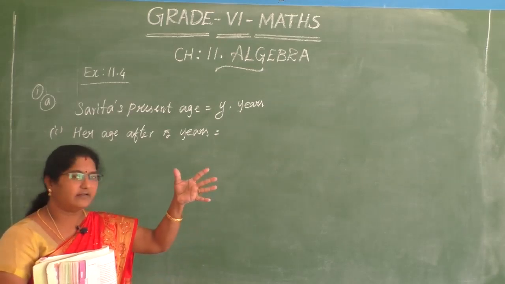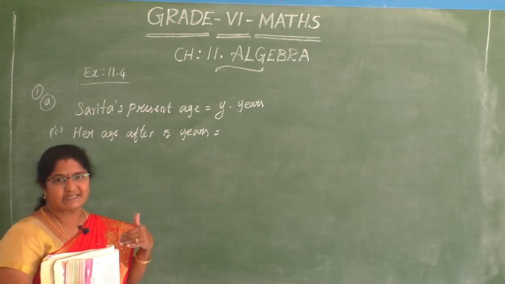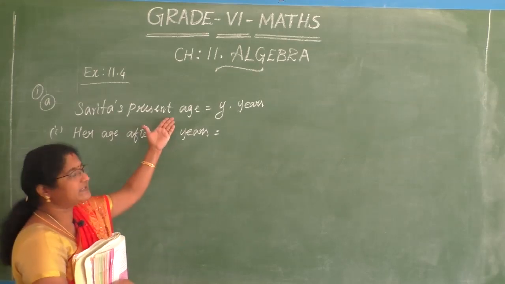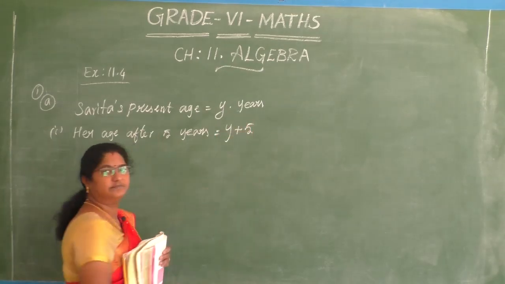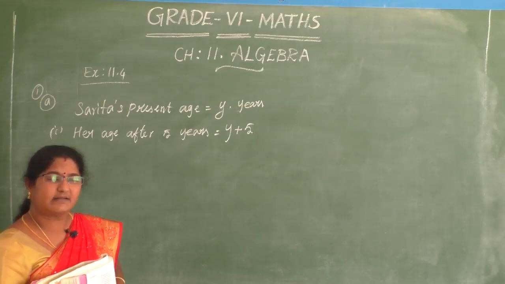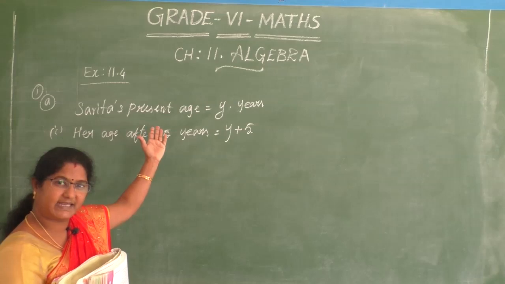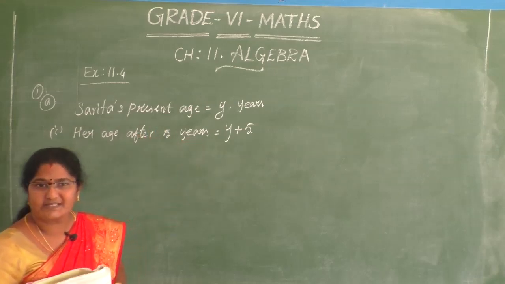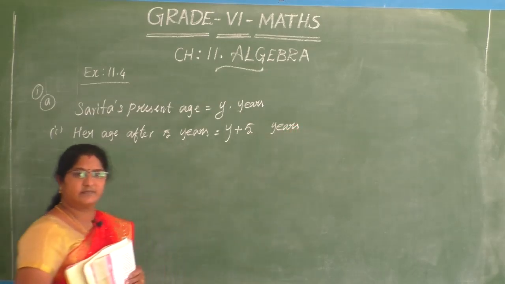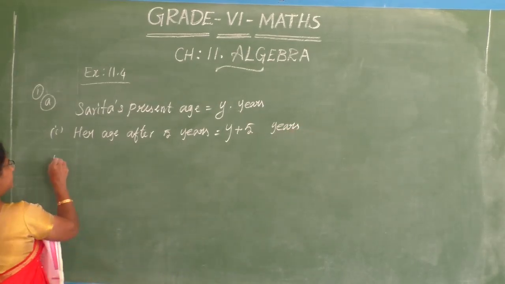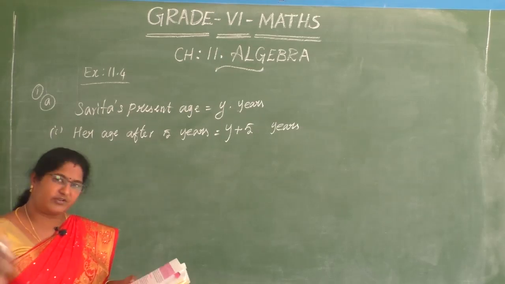We have to add 5. After 5 years we have to add 5 to the present age, isn't it? So her present age is y, and after 5 years we add 5. So her age after 5 years is y plus 5 years. Do you understand how to create it? Okay, likewise we'll go on to find her father's age, mother's age, grandfather's, everybody's.